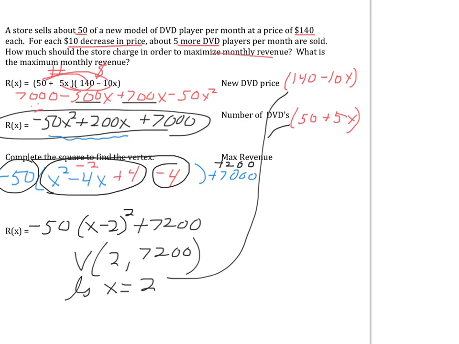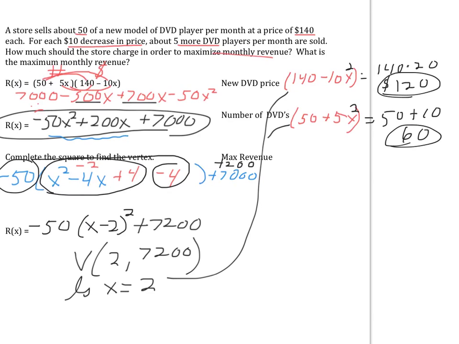So if I put 2 into the first one, I'm going to have 140 minus 20 for $120 for the price. 2 into the next one is going to be 50 plus 10 for 60 DVD players. And then if you take 120 and multiply it times 60, you're going to see that you end up with 7,200, which is my maximum value.